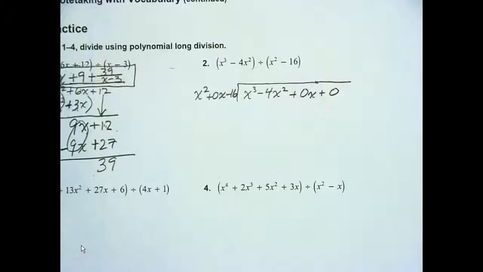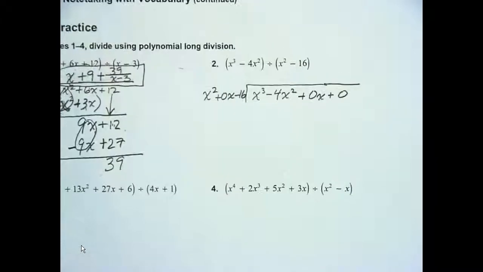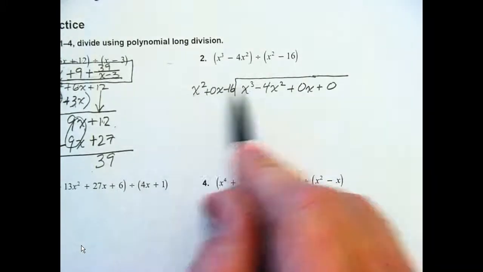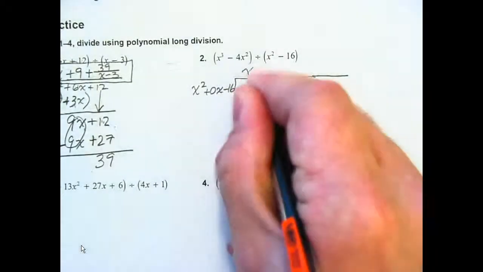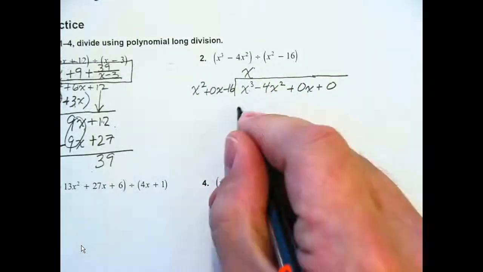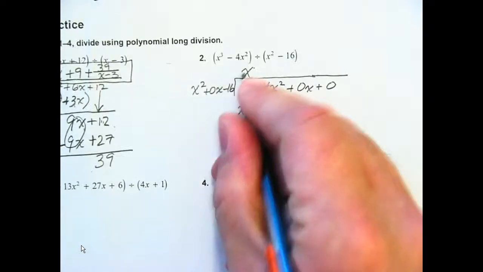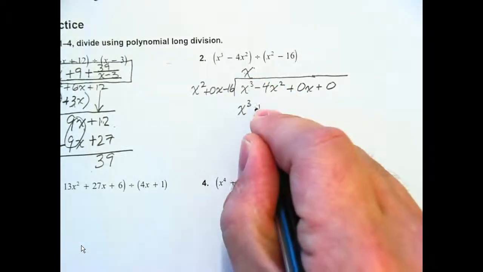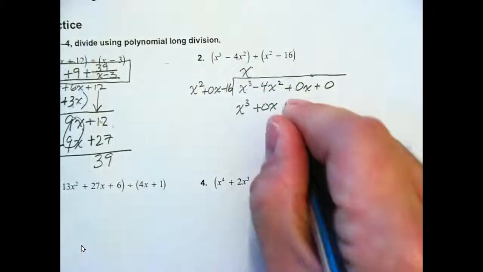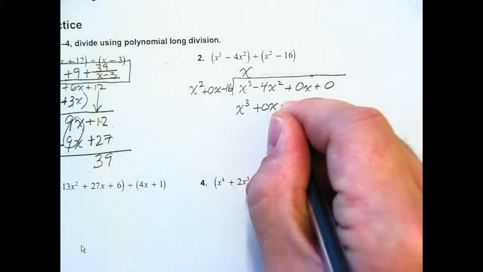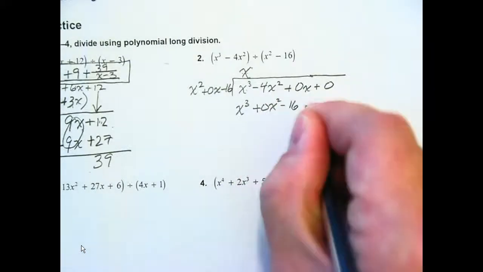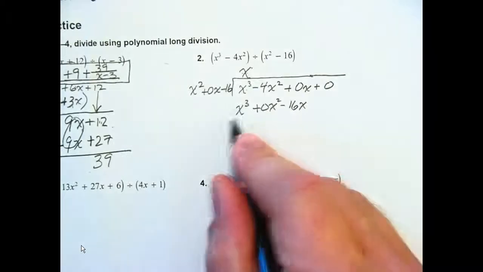All right, let's go through it. x times what is x cubed, or x squared times what is x cubed? x. Now we multiply by 3 different things. x times x squared is x cubed. x times 0x is 0x squared. x times negative 16 is negative 16x.